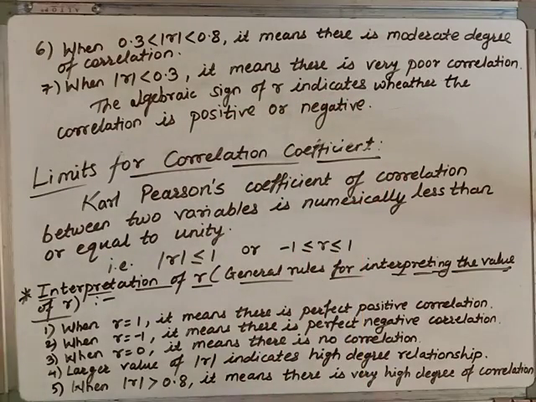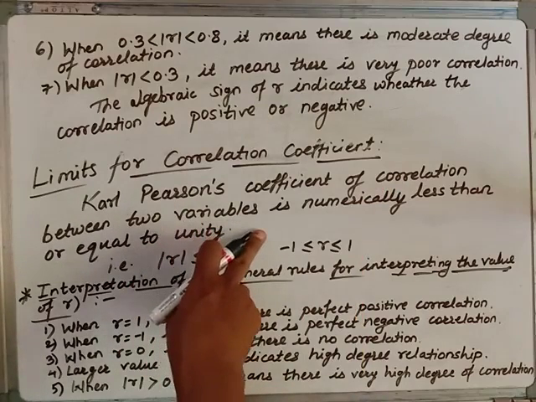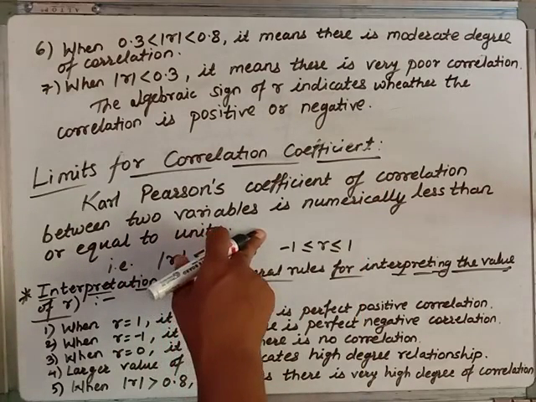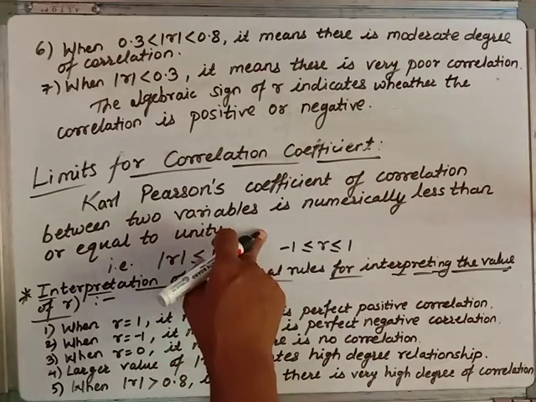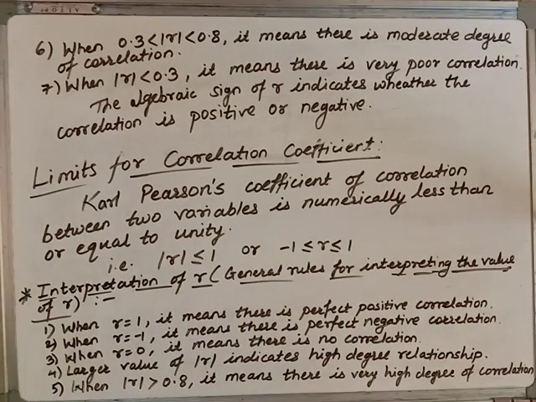This is all about the theoretical part of Karl Pearson's coefficient of correlation. Next video we will see examples on them. Thank you.